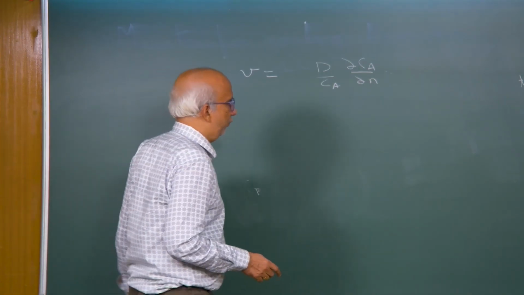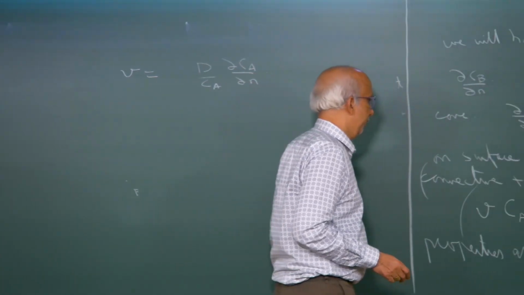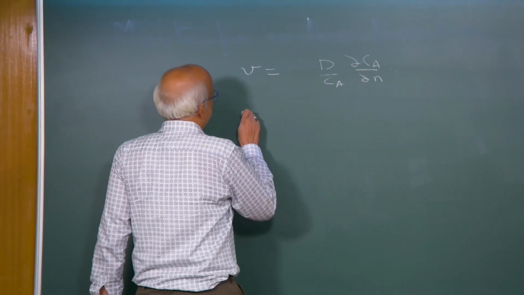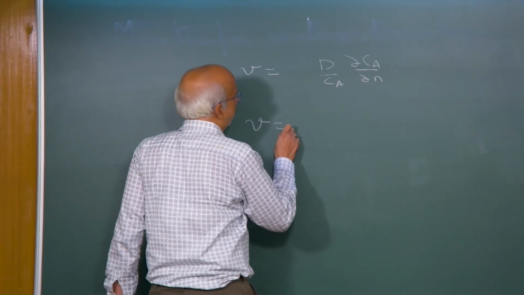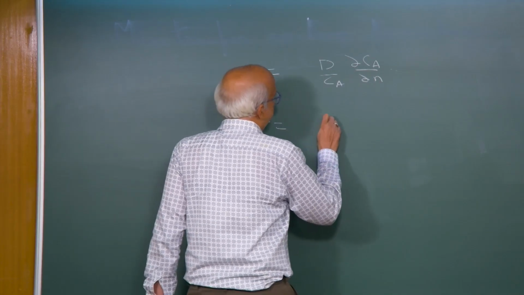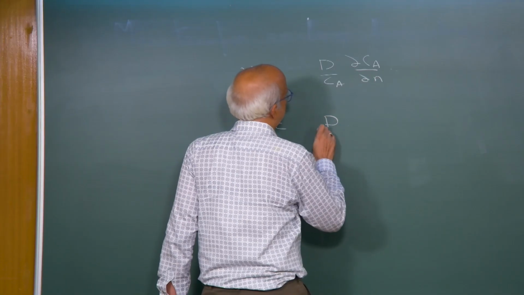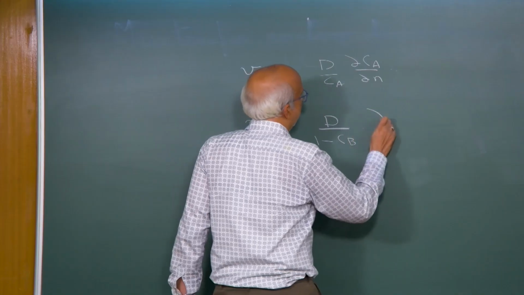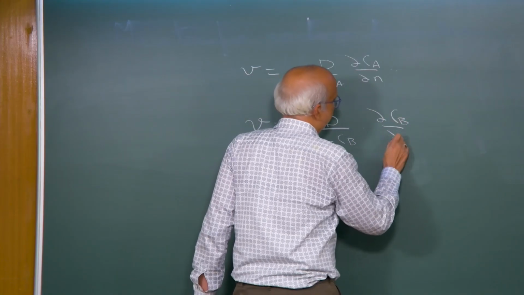So if you want to write this in terms of Cb on the surface of the sphere, I will write it as D over (1 minus Cb) times dCb by dN.